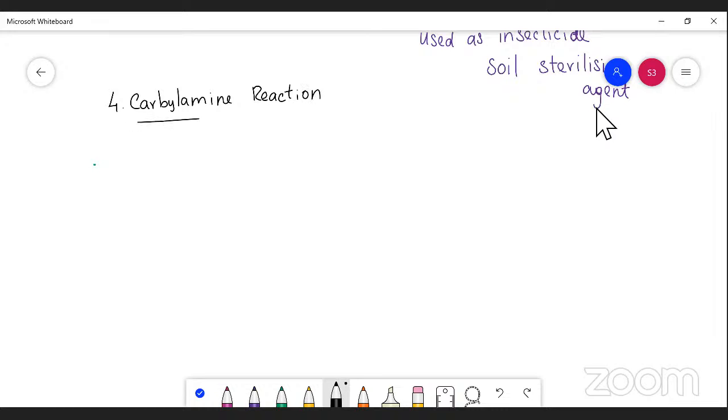Carbylamine is nothing but the isocyanide reaction. For that, we are taking a primary amine, aliphatic primary amine, CH3NH2. This carbylamine reaction is used as a test for primary amines. Only primary amines answer the carbylamine test.